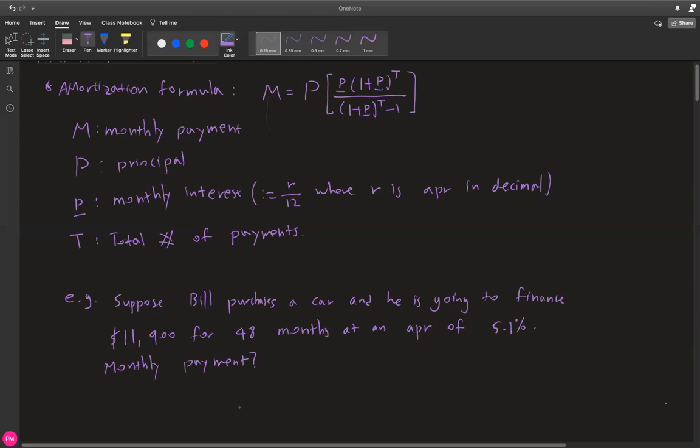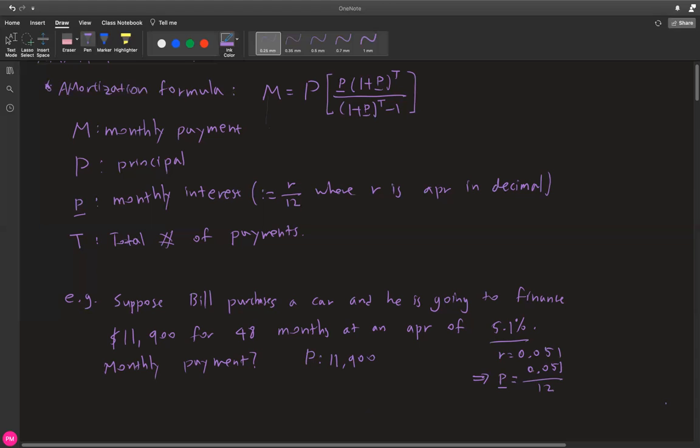So here we know that the principal amount is already given as 11,900. We know the APR is 0.051, 5.1% in decimal. And this implies that the periodic interest will be 0.051 divided by 12.